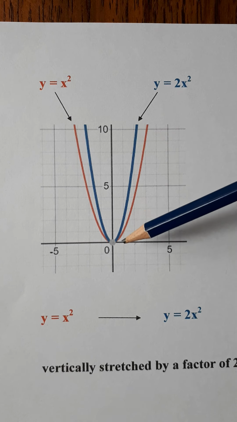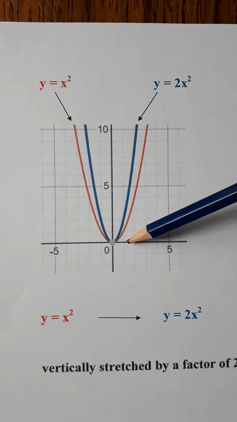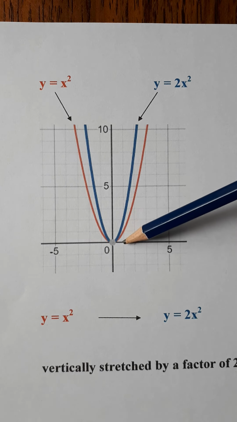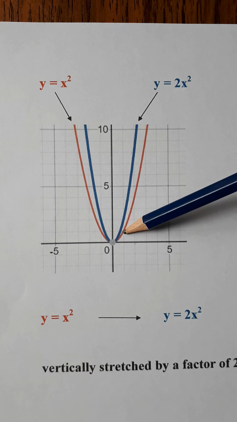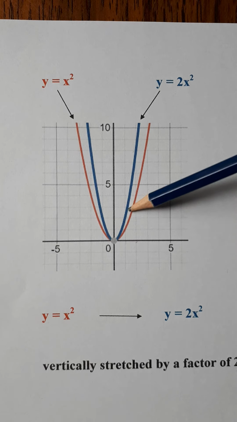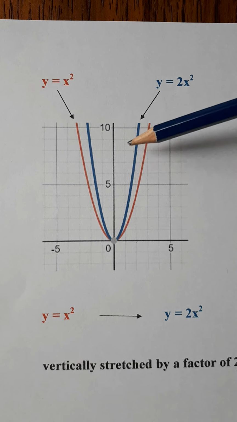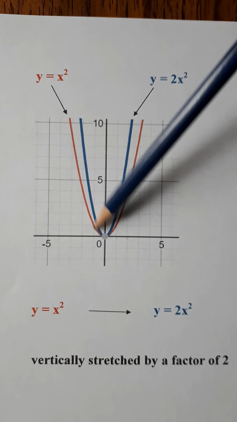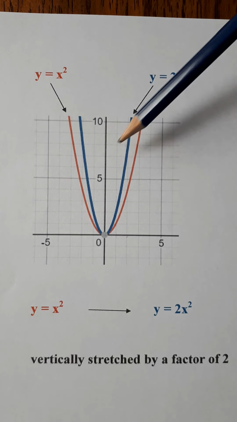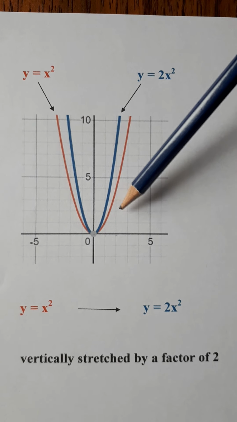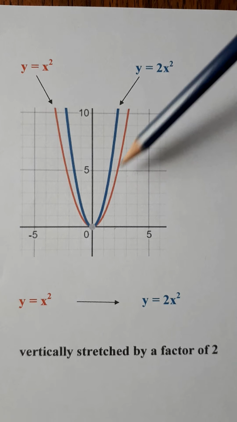So other than this point, all the other points have gone up compared to the original graph. Here when x equals 1, y equals 1 in the original one, but in the new graph y equals 2. So like that all the points have gone up. So it's like we have pulled the original graph upwards. So we say that our original graph is stretched vertically by a factor of 2.